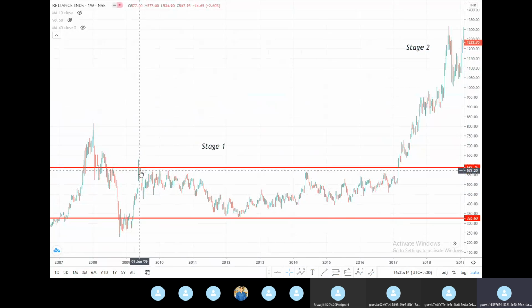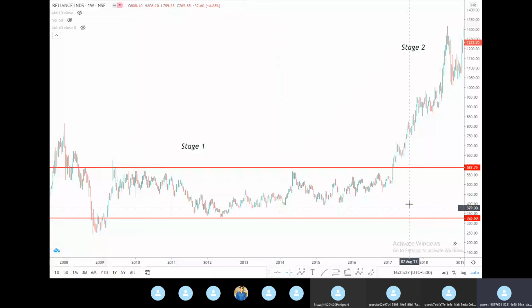So from 2009, if you had invested in this particular stock till 2017, you haven't got anything. You don't even get your bank interest money from here. So this is a dead zone, where price doesn't do much.